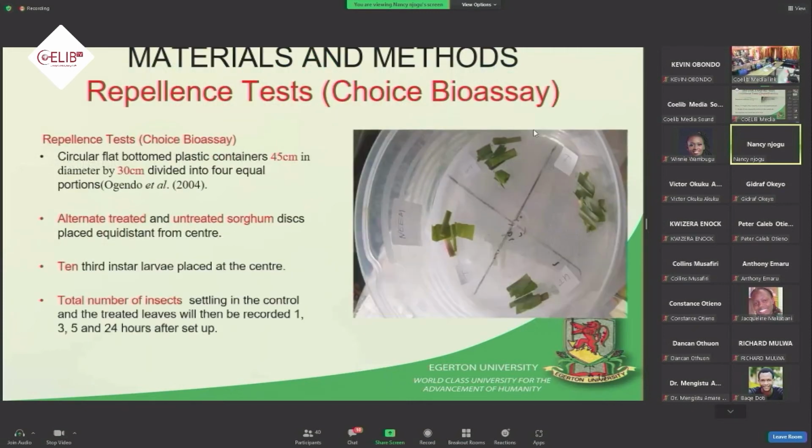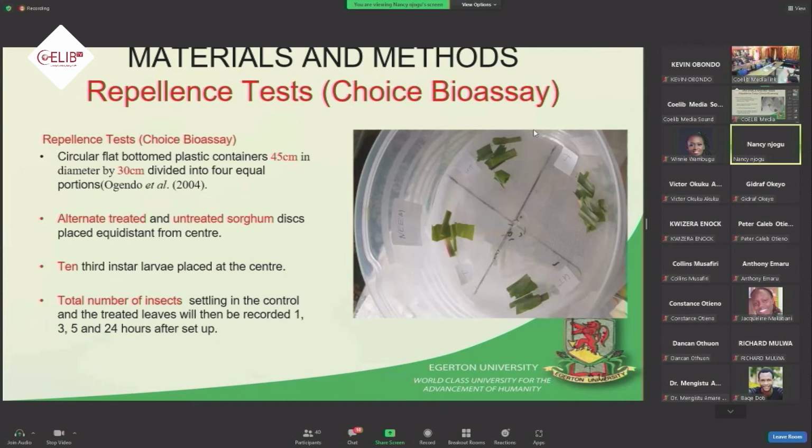Then I also checked the repellency of the various biopesticides. In this case, I used circular flat-bottom plastic containers. According to Ogendo et al. 2004, I placed 10 insects in the middle, and then placed alternate treated and untreated sorghum discs at equidistance from the center, so that the insects can move in order to show repellency.